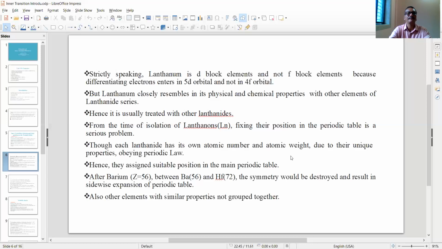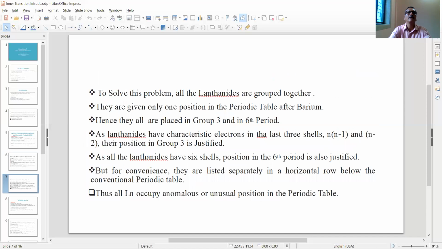And that's why we have to make a modification to Mendeleev's table. To solve this problem, all the lanthanides are grouped together and given only one position in the periodic table, after barium. So lanthanum 57 and the following elements are placed below the main periodic table.